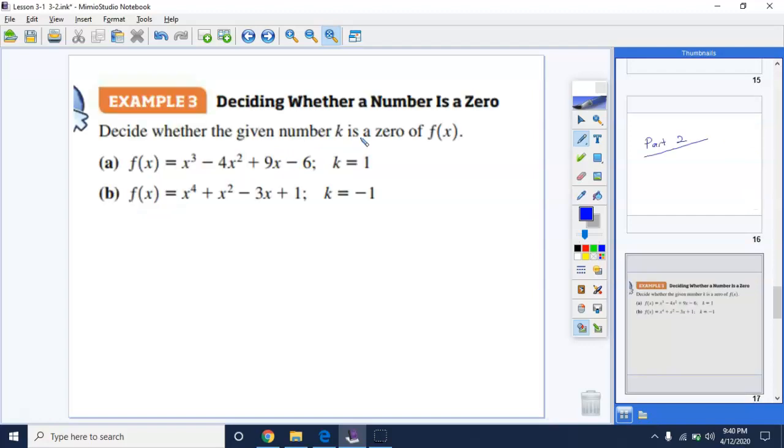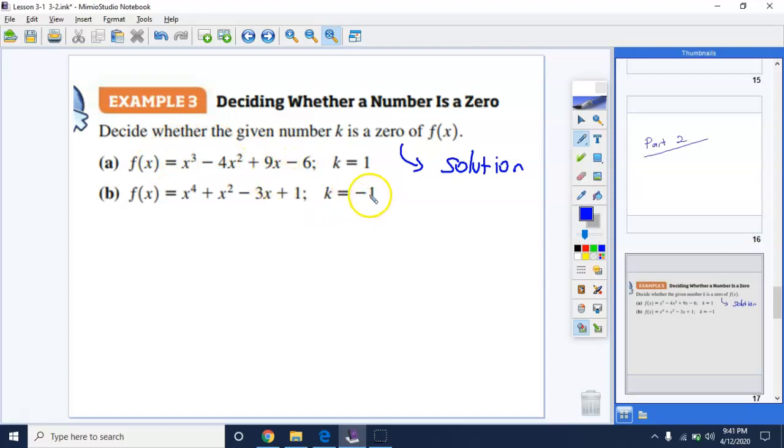On this part, decide whether or not the given number k is a 0 of f(x). A 0 of any function means a solution. Oh my goodness, my writing. Okay, it means solution. So we're just going to try to see this, like k equals 1 is the solution for this polynomial.